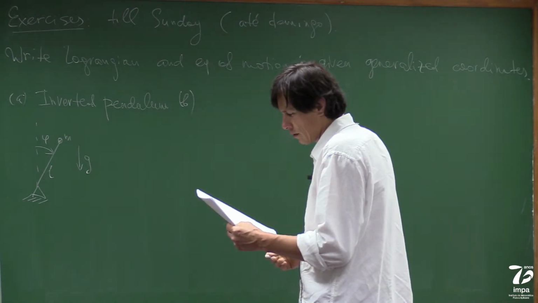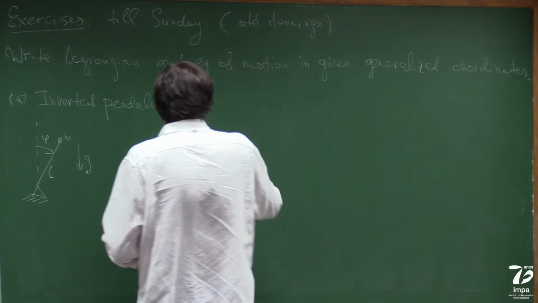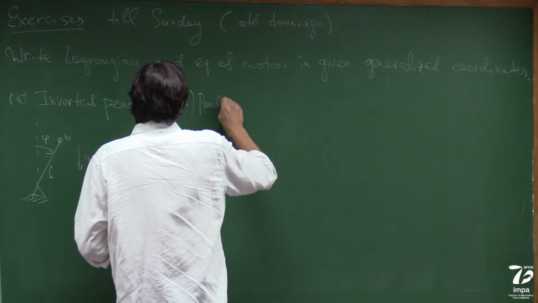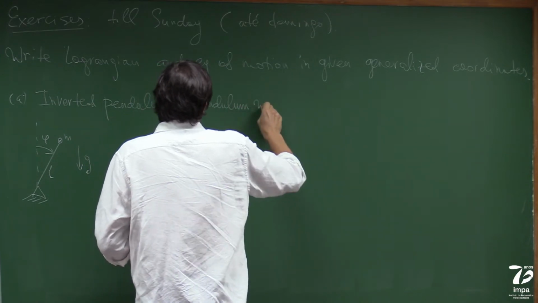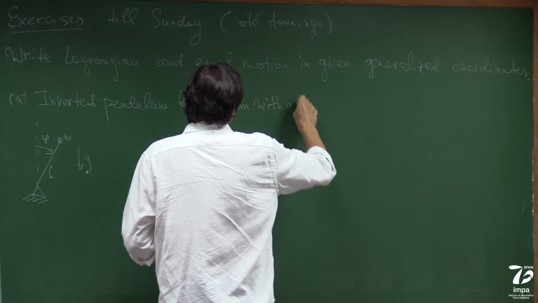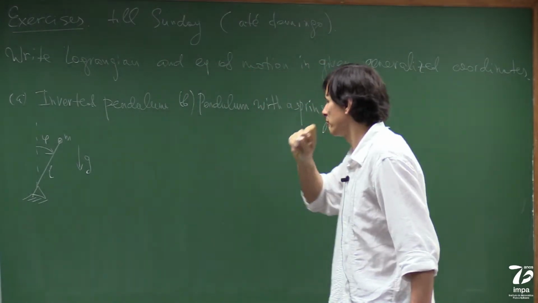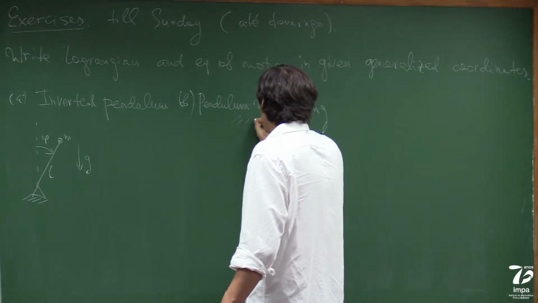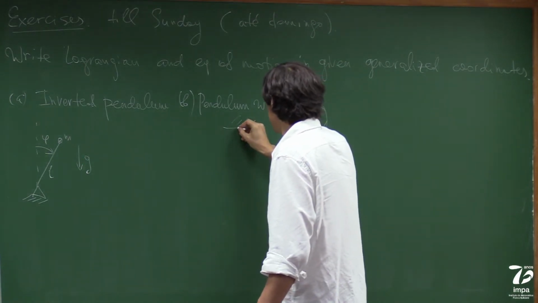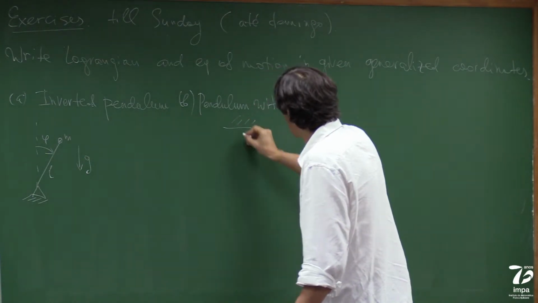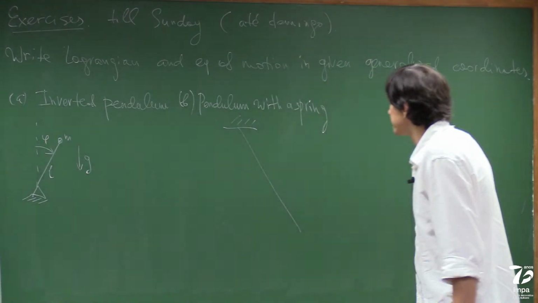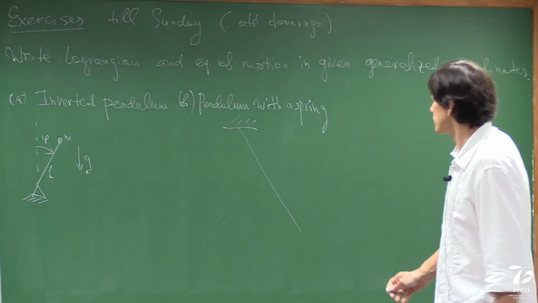example will be a bit harder. So it's a pendulum with a spring. So imagine a pendulum, normal pendulum, so that now it will look downwards. But now you don't put a mass just at the end of the rod.